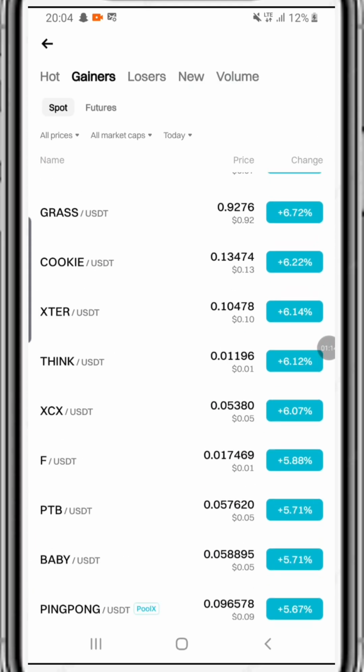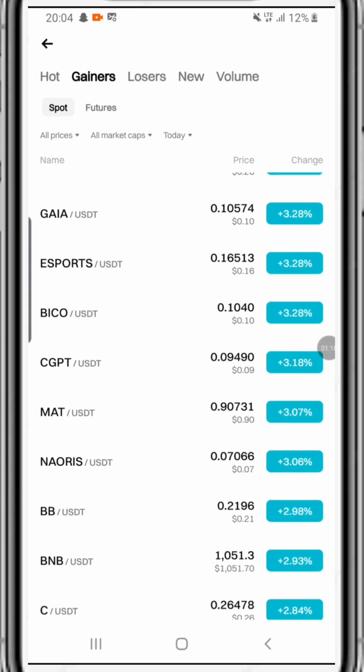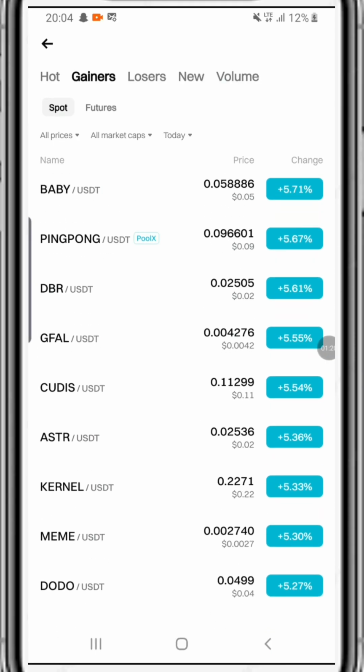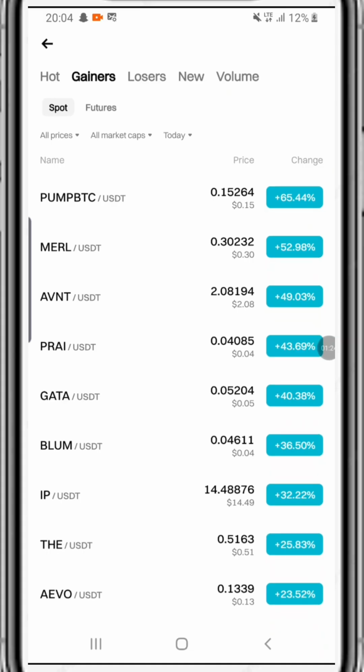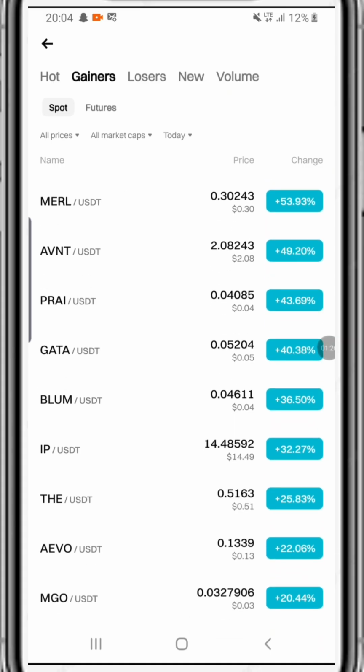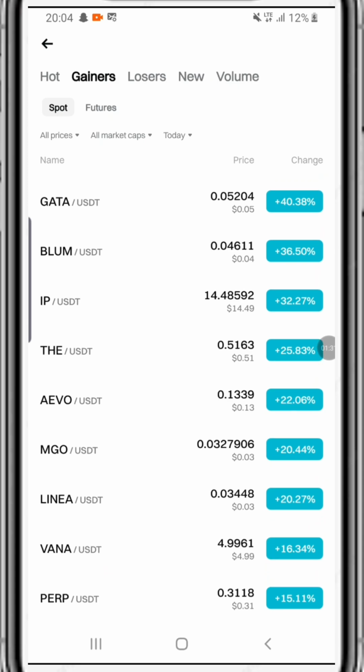For me to analyze my trade on spot trading, I don't trade these currencies that are already high. For instance, if you look at these currencies, they have 49% profit already. Bloom has like 36% profit already.